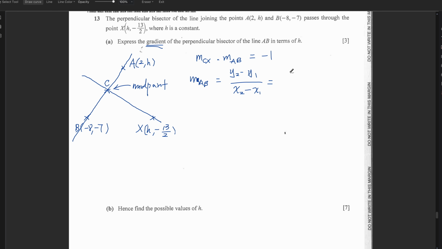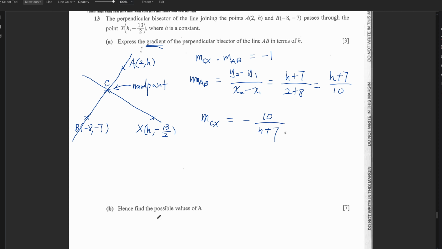Substitute in, we have (h plus 7) over (2 minus -8), which is 2 plus 8. That gives us (h plus 7) over 10. That also means the gradient of CX is -10 over (h plus 7).